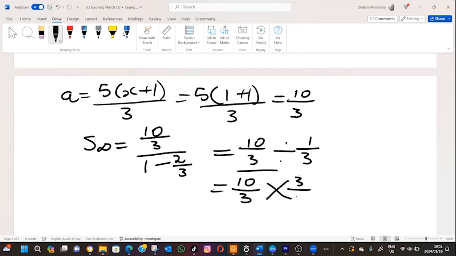So this is what we're going to have. 3 cancels 3. So we're going to be left with 10. So the sum up to infinity of the series that we were given above is 10.